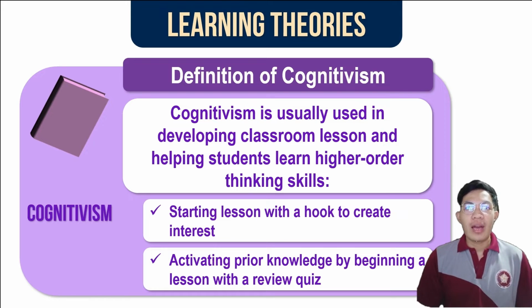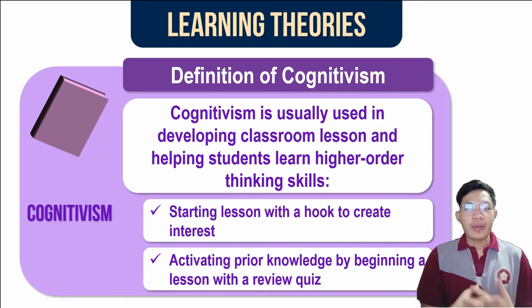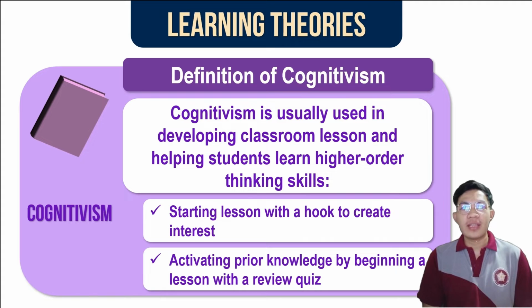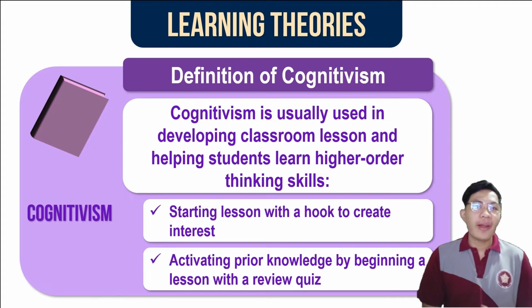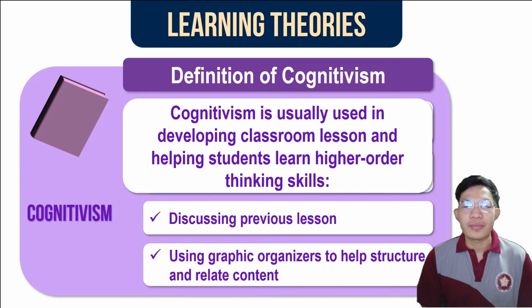Number 2, activating prior knowledge by beginning a lesson with a review quiz. This is also called the pretest. We give a pretest to activate the prior knowledge of the learners. The next one is discussing the previous lesson.